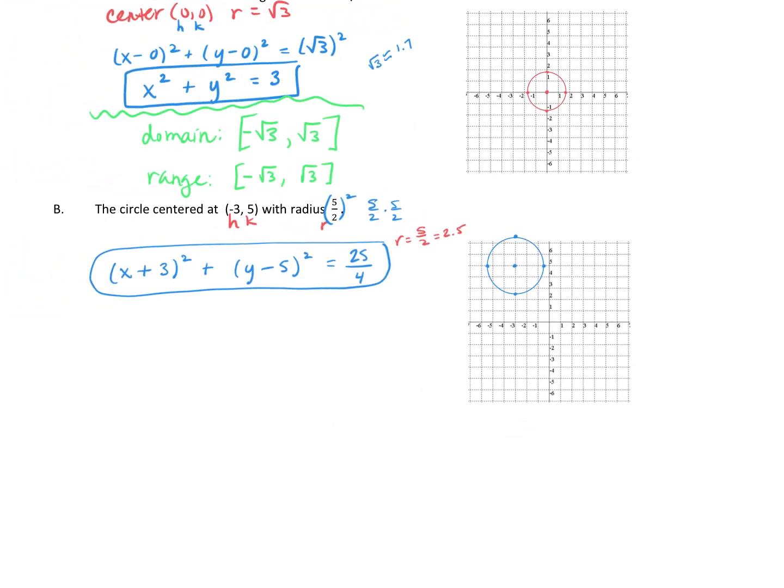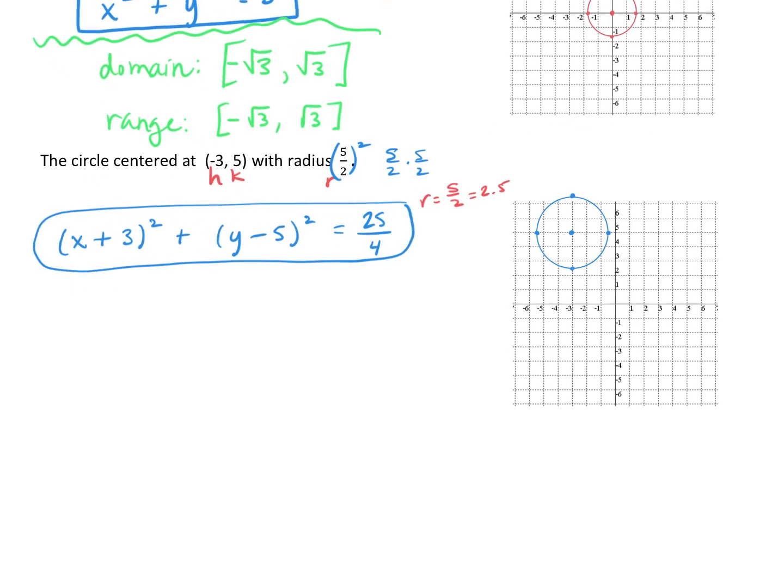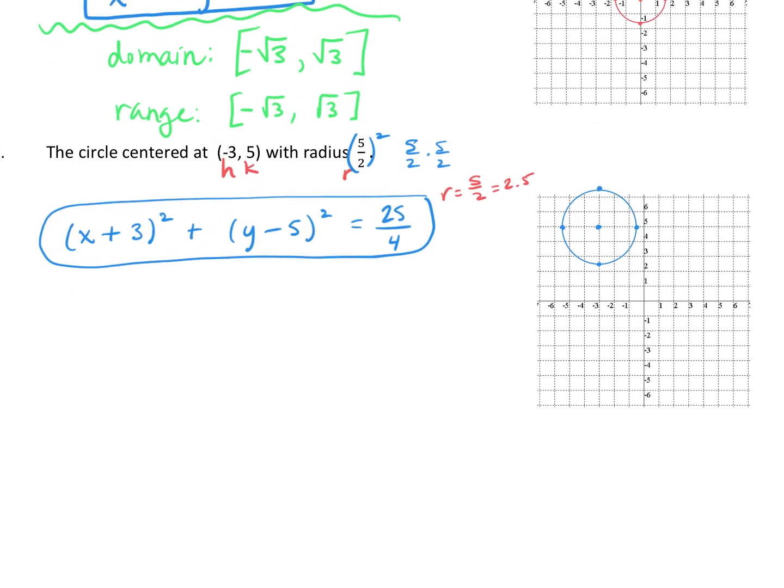And last we just have to identify the domain and range. All right, domain. If we look at our graph, how far to the left and how far to the right does our graph go? If you go to the center, we're at negative 3.